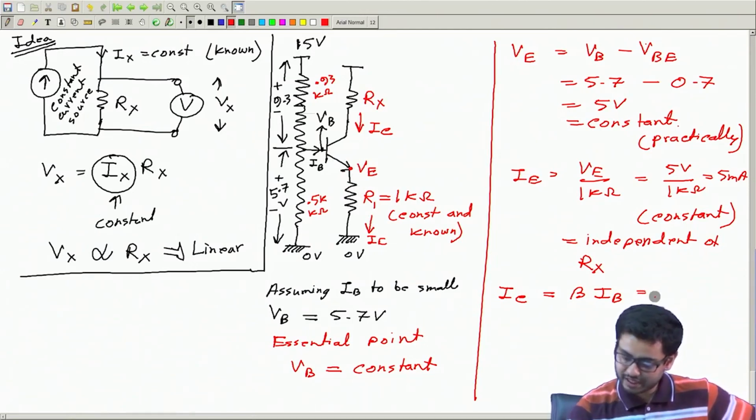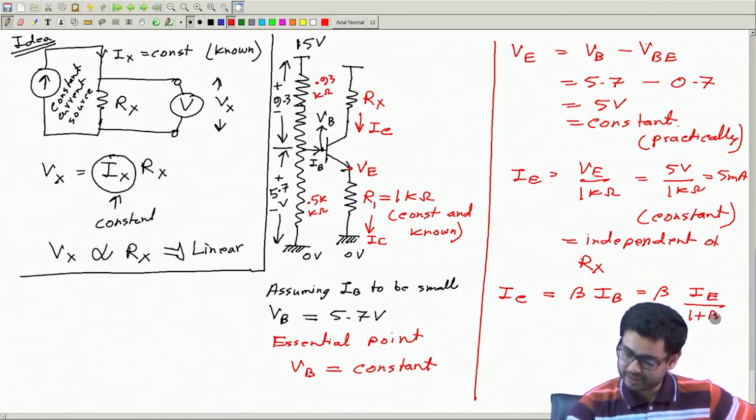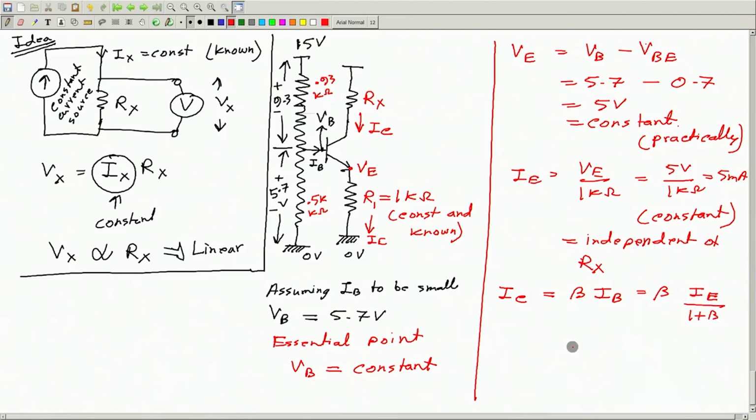So in place of IB I write IE divided by 1 plus beta, right? Because IE is 1 plus beta times IB. So you see, beta is a constant and IE is a constant. So this is constant. Okay. So IC is a constant.